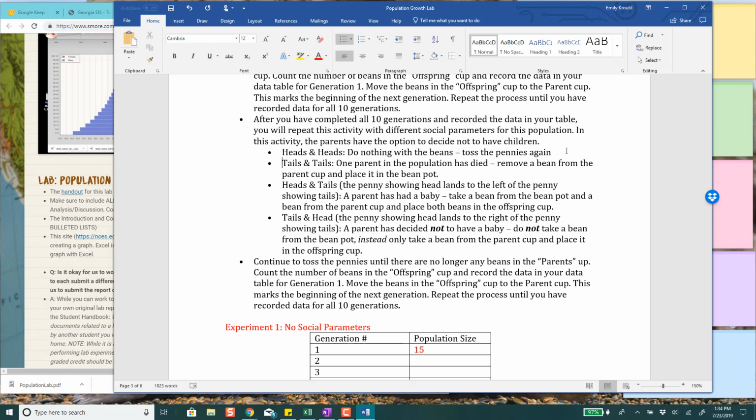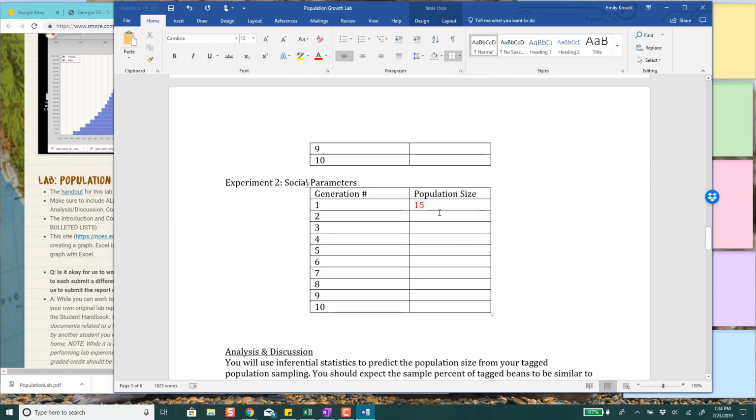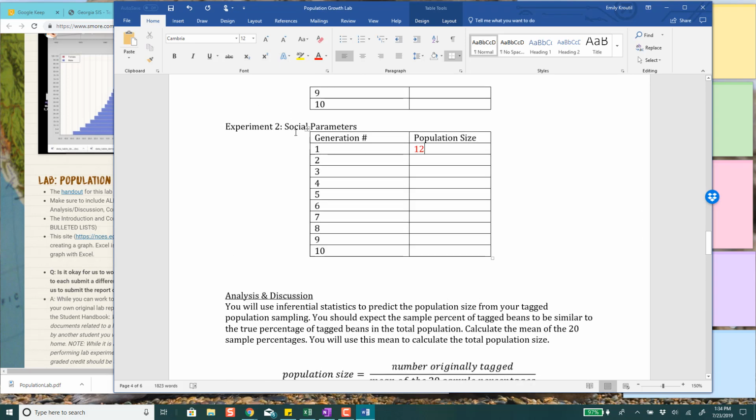And if you have tails and heads, which means the tails penny is on the left, the parents will not have a baby. So we're going to take a bean from the parent cup and put it in the offspring cup. Okay, and so we'll do this again. You know, we might have 12 here, and we'll go all the way down. Those will be your 2 experiments.